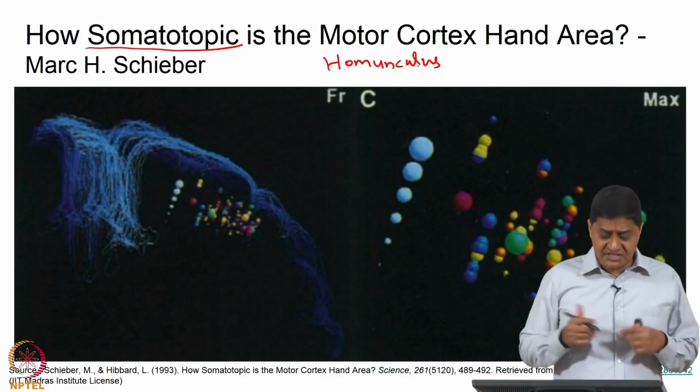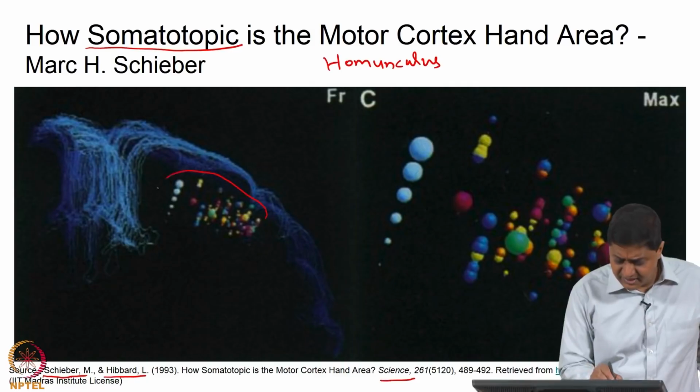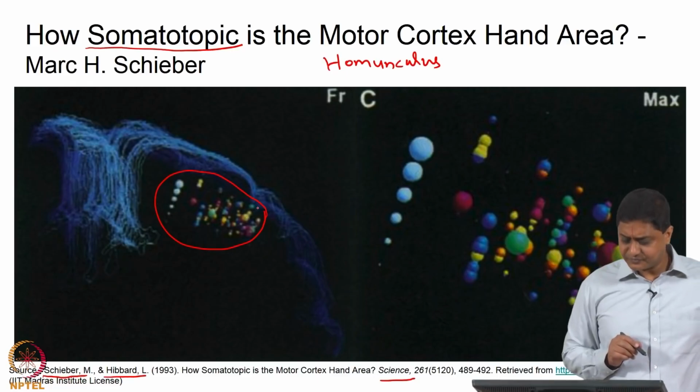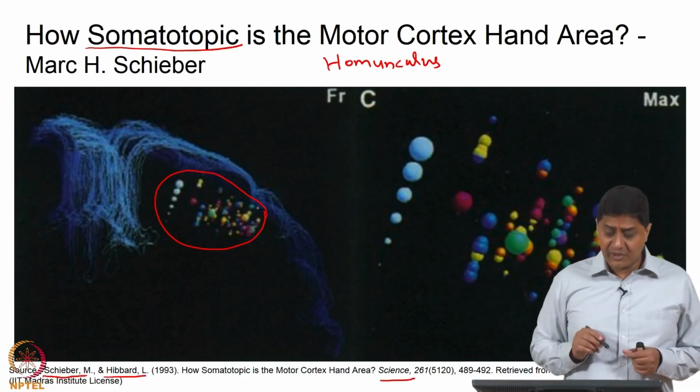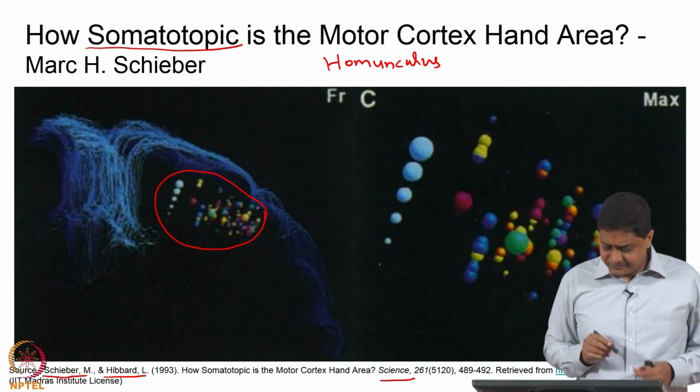So, this was tested by our colleagues Mark Schieber and Hibbard, in the Schieber and Hibbard 1993 paper in Science. This is the activity of a set of neurons in the primary motor cortex of live behaving monkeys.